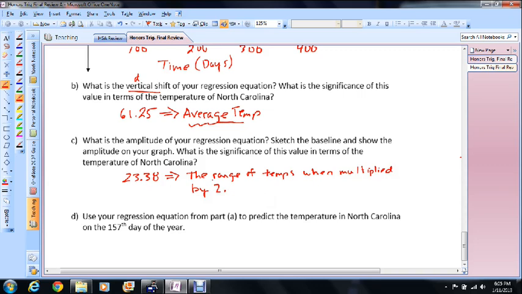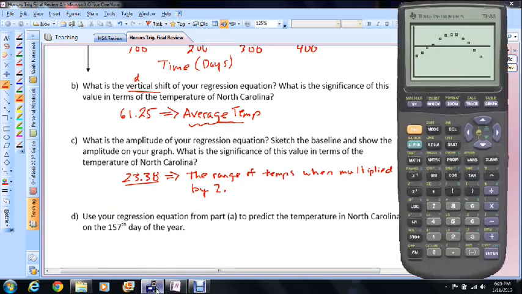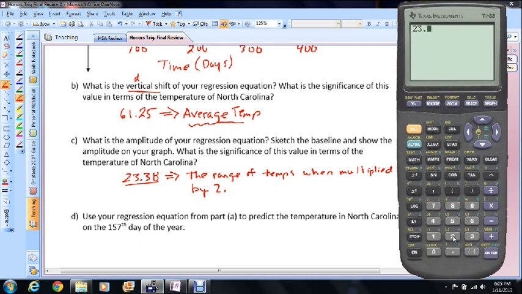So let's take a look at that. What that means, the range of the temperatures when multiplied by 2. Well, if we multiply this number by 2, what do we get? Let's go back to our calculator. Let's use that. 23.38 times 2 equals 46.76.